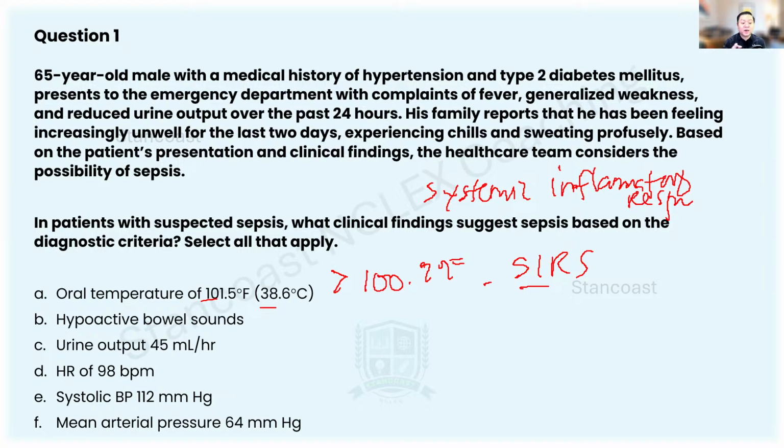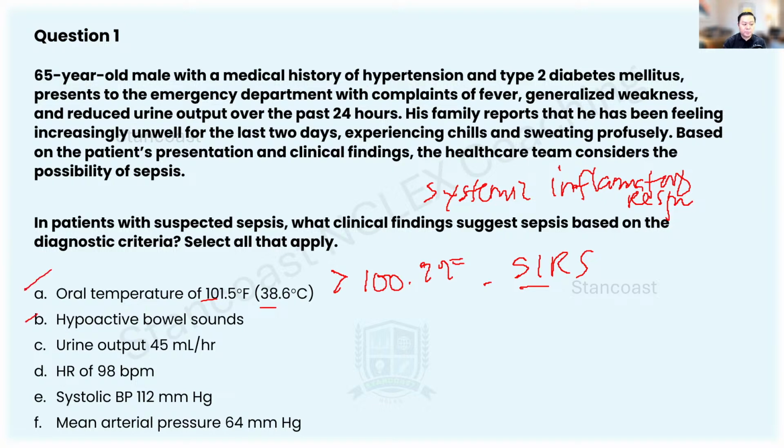And all the other chemical mediators. So once these are released in the bloodstream, these substances can also target the hypothalamus, and it will cause the elevation of the temperature. That is why our patient will end up with fever. Okay, so this is one of the answers.